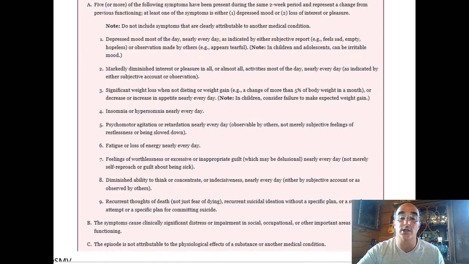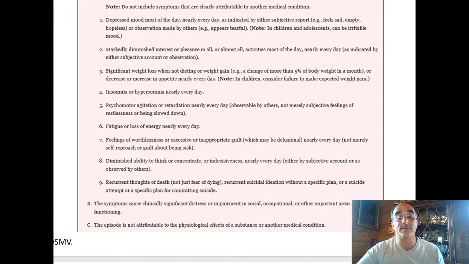suicidal ideation without a specific plan, or a suicide attempt or a specific plan of committing suicide. And of course, the symptoms cause clinically significant distress or impairment in one's social, occupational, or other important areas of functioning. And the episode, again, is not attributed to the psychological effects of a substance or other medical condition.